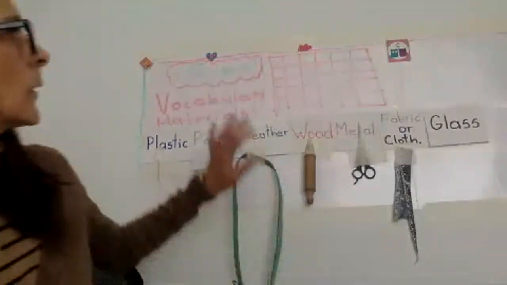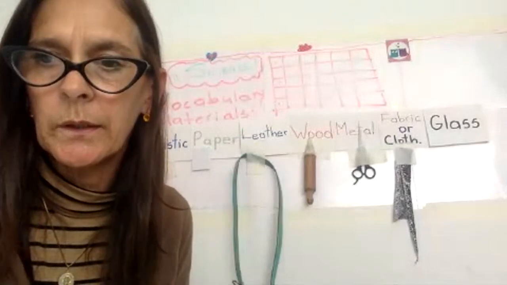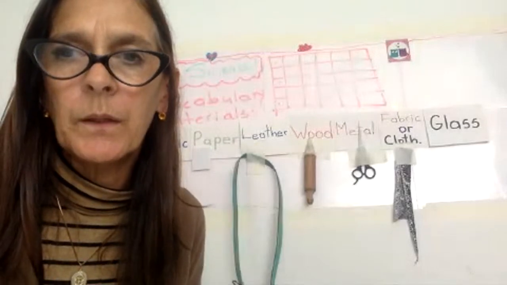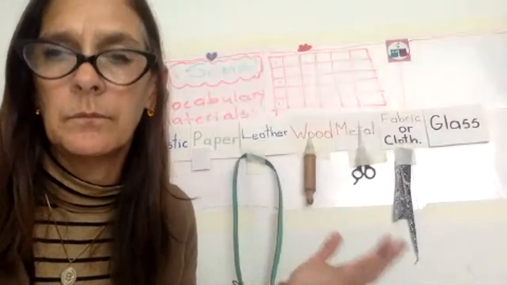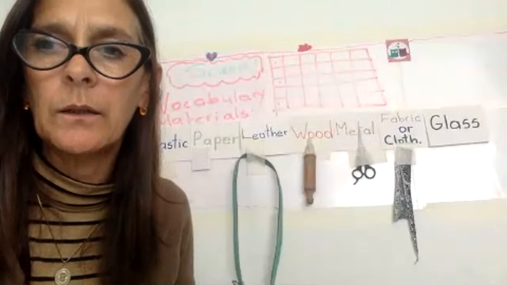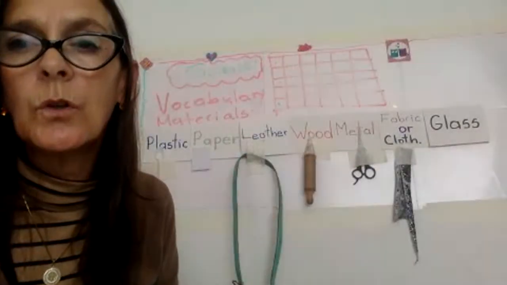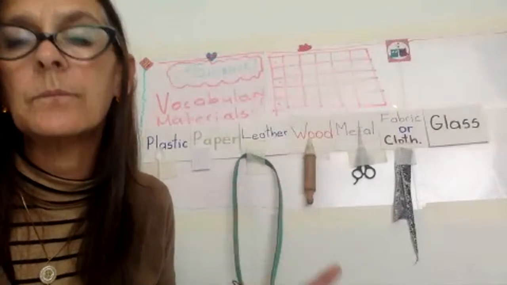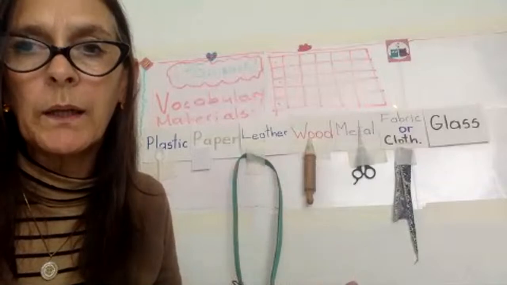Okay, I'm going to repeat because some of your parents lost the line. So we are going to go to our notebook, the science notebook, and you are going to go to the last activity you did in that notebook. That is the one that has squares, and you're going to find the last paper. You turn your page, and then we are going to begin.